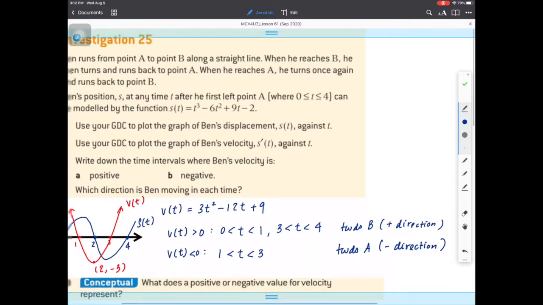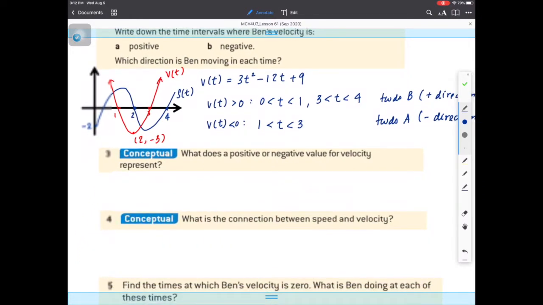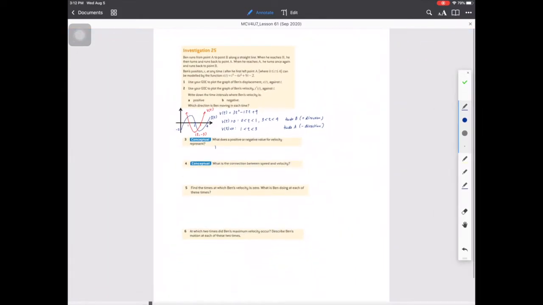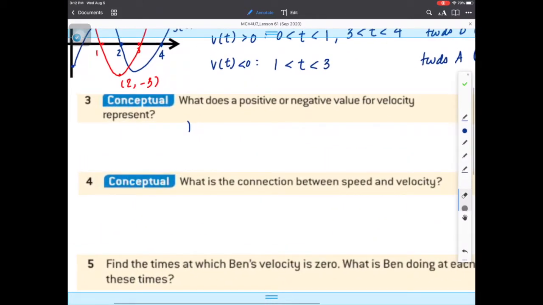That means the sign of velocity actually represents the direction that he's moving towards.